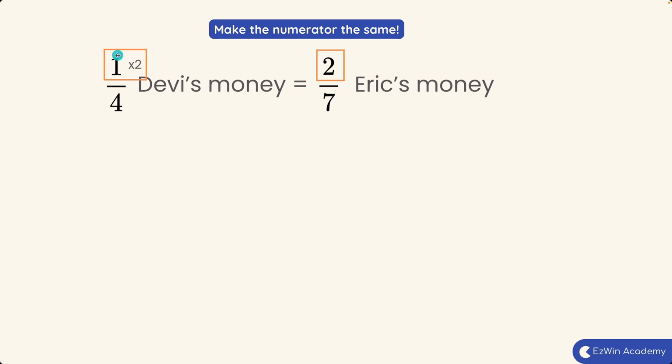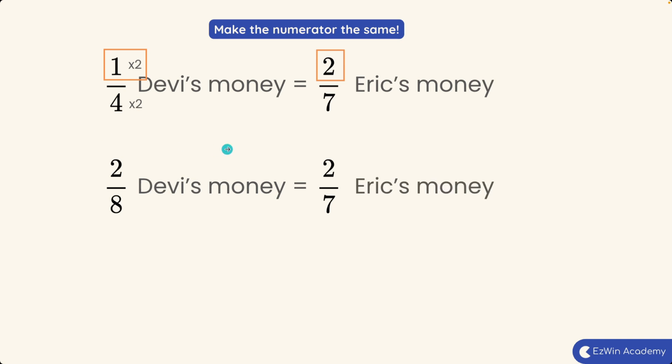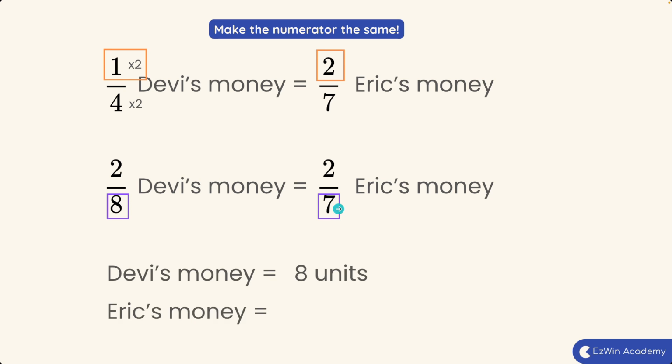Since we multiply the numerator, we multiply the denominator as well. So 2 out of 8 of Devi's money equals 2/7 of Eric's money. With the same numerator, we focus on the denominator: Devi's money is 8 units, while Eric's money is 7 units.